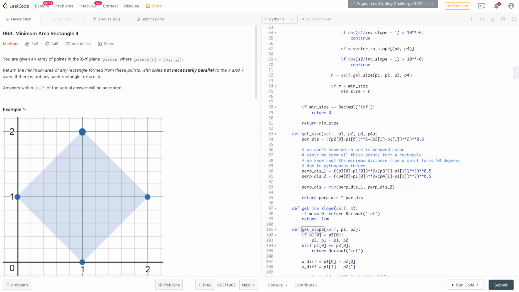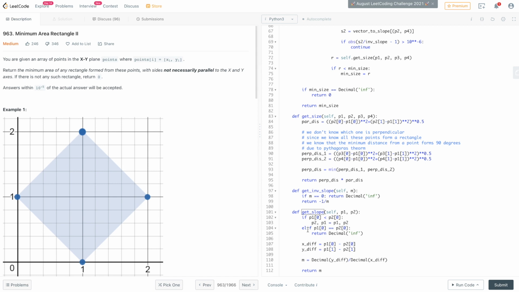Let's go through how we find the slope in this case. We find the x diff and the y diff between the 2 points, and it's a simple calculation of y diff divided by x diff to find the slope. In this case, I'm using decimal because it's more accurate than using float, and we return decimal.